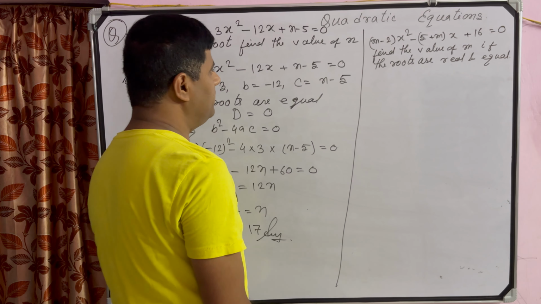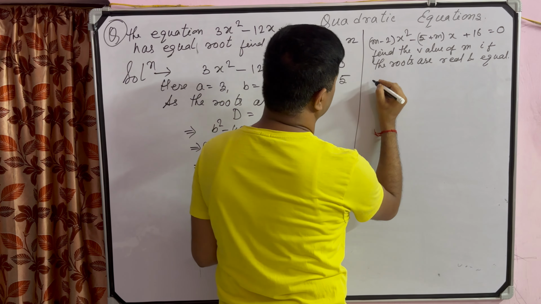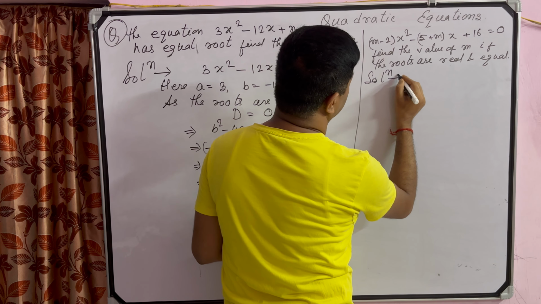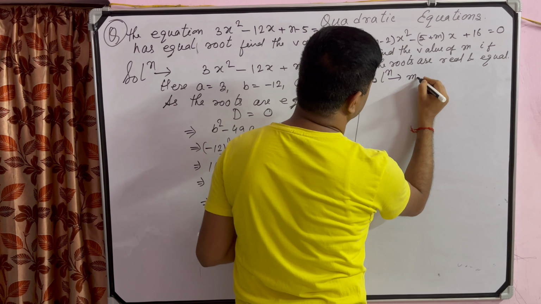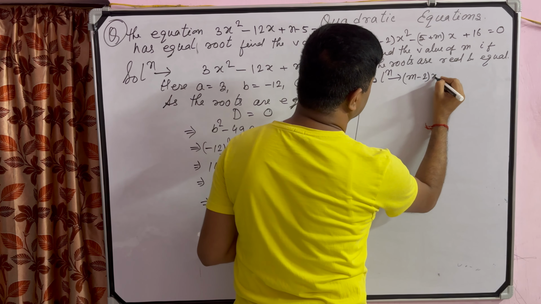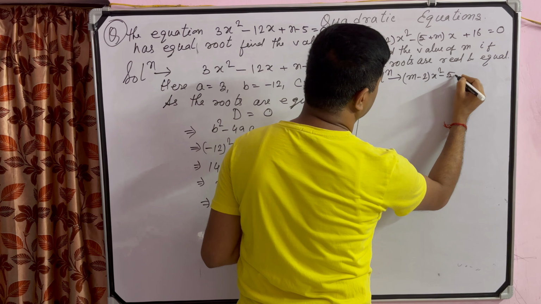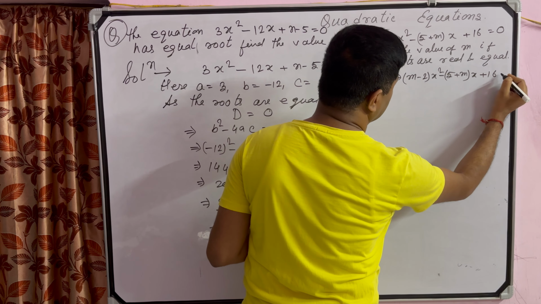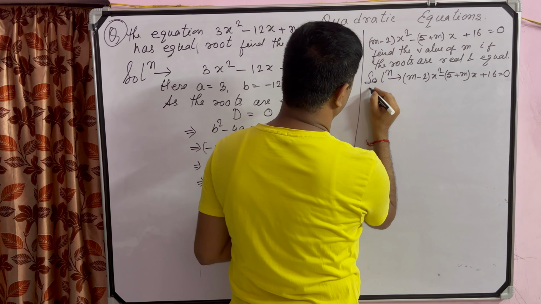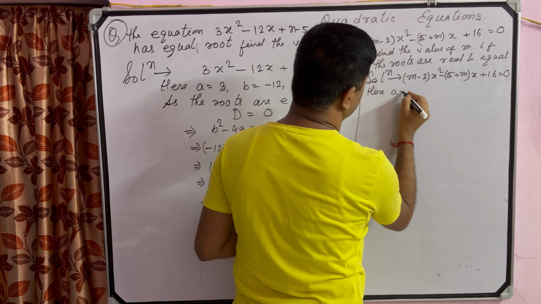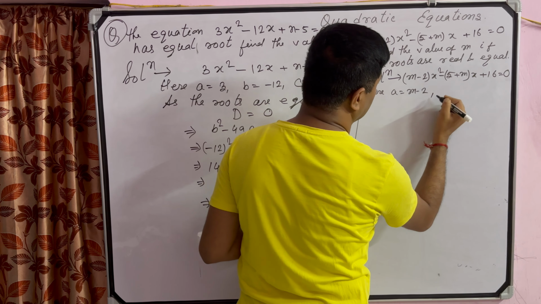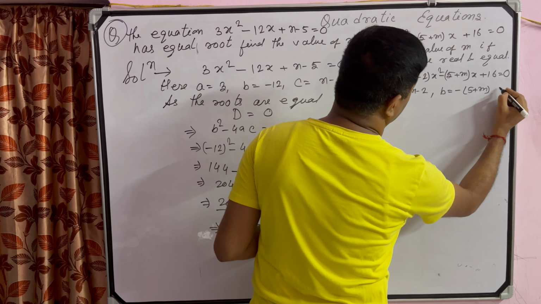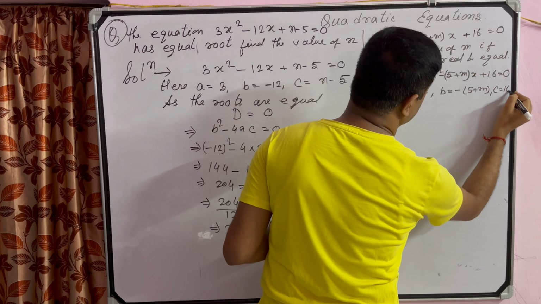So at first the same thing, what is the equation here? Solution. Given equation is m minus 2 into x square minus 5 plus m into x plus 16 is equals to 0. So here a equals to m minus 2, b equals to minus 5 plus m, and c equals to 16.